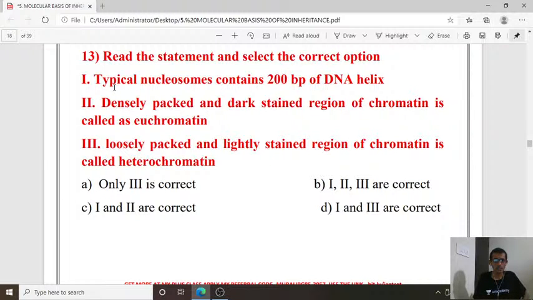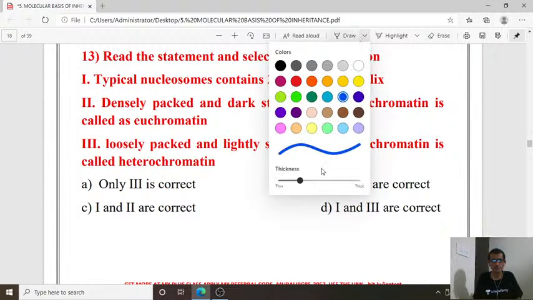Here, a typical nucleosome contains 200 base pairs of DNA, yes, that is right. Densely packed and dark stained regions of chromatin are called euchromatin. Loosely packed and lightly stained regions of chromatin are called heterochromatin. So here a small change.